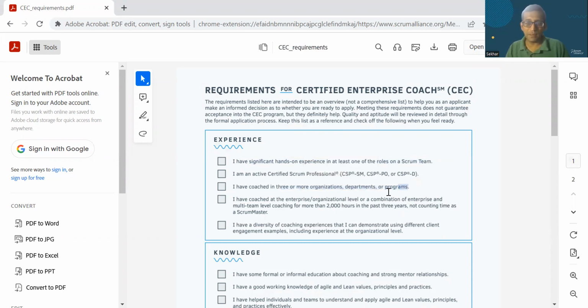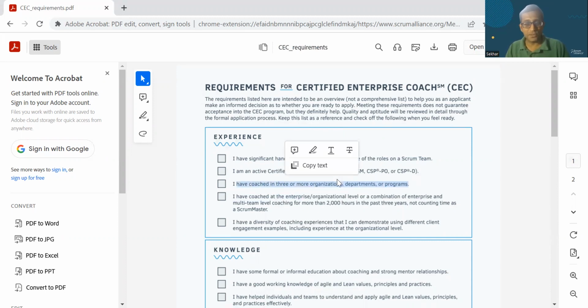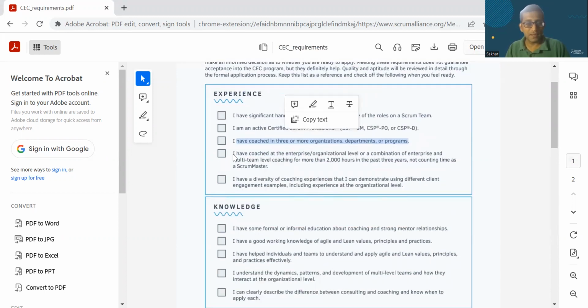Many people who apply have only coached teams, and they were not mindful of this. The other thing is you have to coach at an enterprise level or a combination of enterprise and multi-team coaching for more than 2,000 hours in the past 3 years, not counting the time as Scrum Master. So Scrum Master hours are not counted towards this.